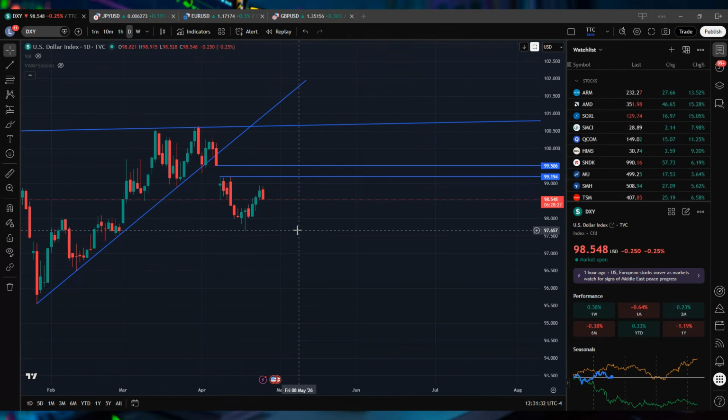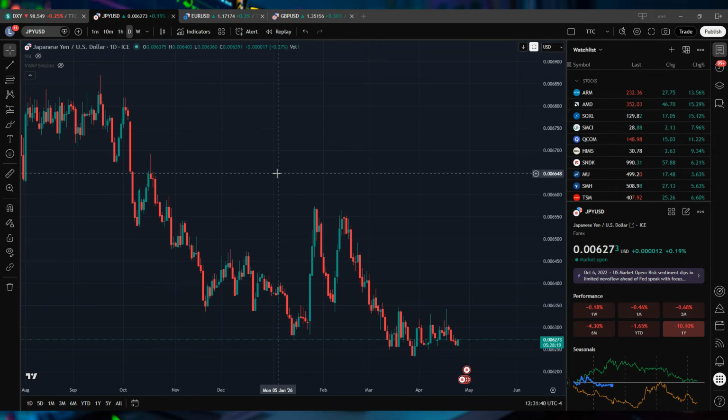But let's talk a little bit about the Japanese yen, the euro, and the GBP, the Great British Pound. So the Bank of Japan is raising interest rates, but the US dollar still pays higher rates. So the yen is still remaining weak in comparison to the US dollar.